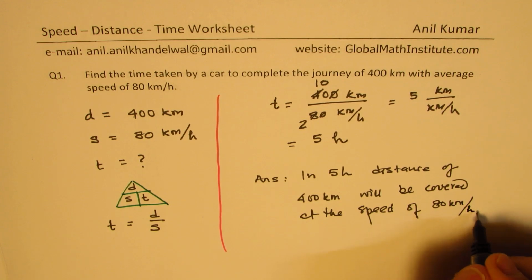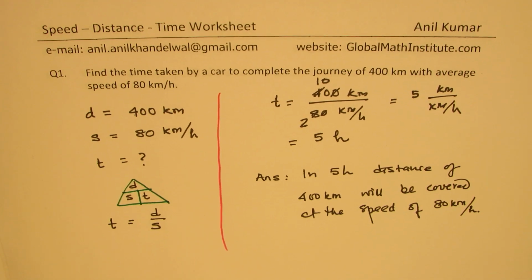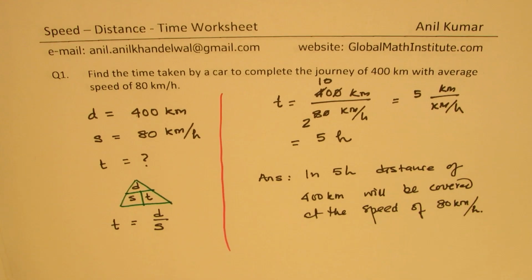Is that clear? Now this statement is normally used as a part of the solution or the answer in any word problem. However, moving forward, we'll avoid it, right? So I may or may not explicitly write down the answer, but you need to mention it.